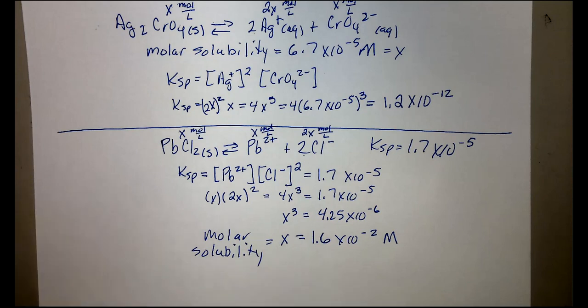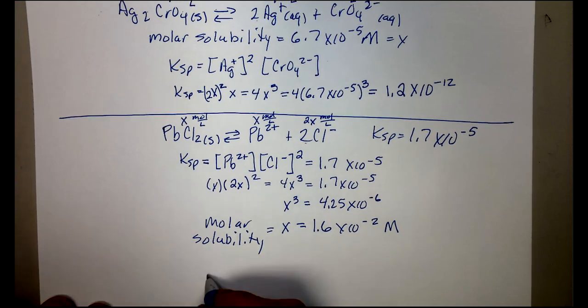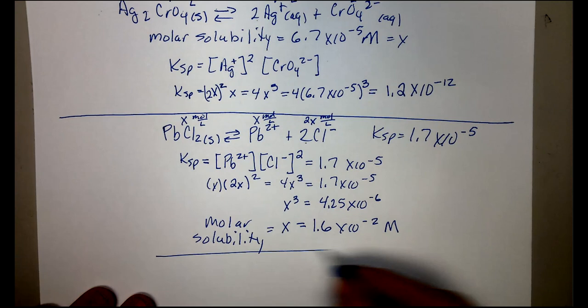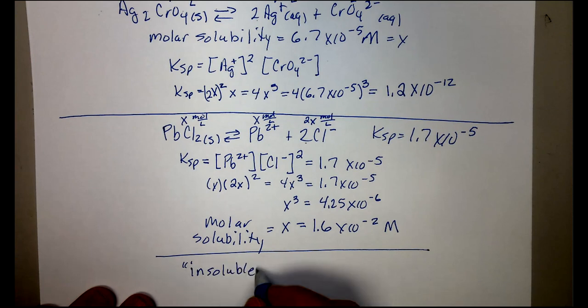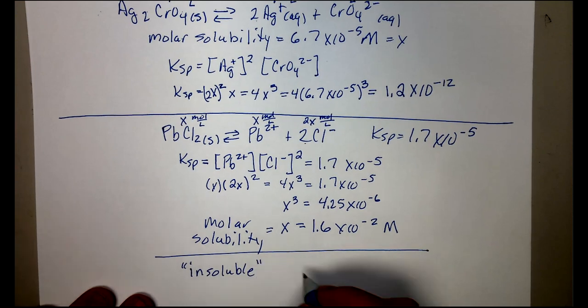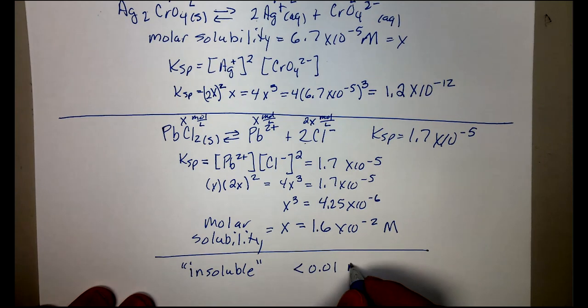Lead chloride can be somewhat sparingly soluble. It's starting to approach that sparingly soluble range instead of just insoluble. Usually, and these are just basic rules of thumb, we say something's insoluble, which we know is not truly 100% insoluble, but we say that solubility is negligible if you're less than 0.01 molar.